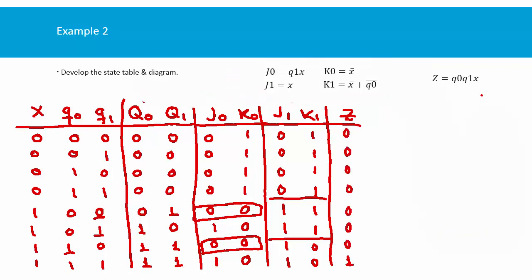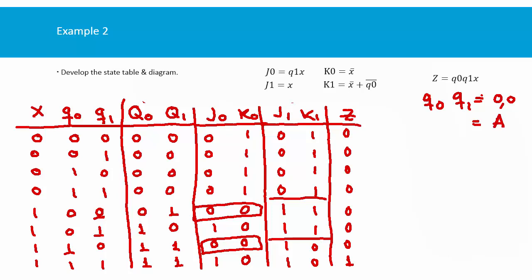When you have this type of problem, sometimes it's better to rename the states. So for example, when Q0 and Q1 are 0, 0, you might want to give this state a name.